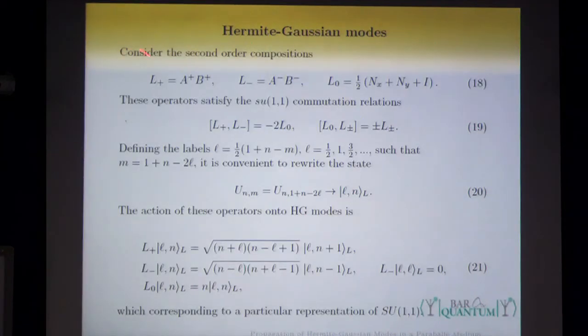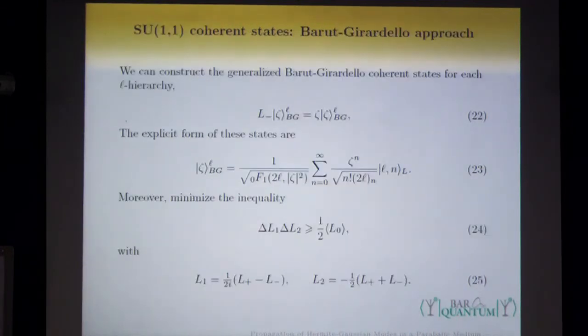Since these operators satisfy the SU algebra, we construct the coherent states using the Barut-Girardello approach, which is defined in this way. So the coherent state is defined in this way. In this part I only want to show that they minimize this inequality, where L1 and L2 are defined in terms of L plus and L minus.